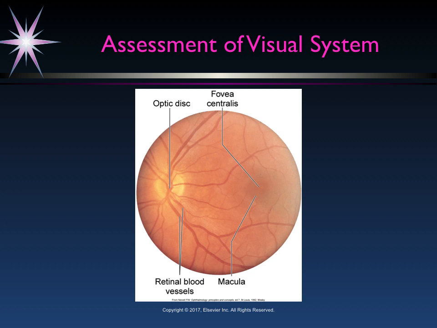It's usually a creamy yellow color with distinct margins. The central depression in the disc is called the physiologic cup, and it may be seen. This is the area where the optic nerves exit out of the eye. The cup should be less than 1/2 of the diameter of the disc.